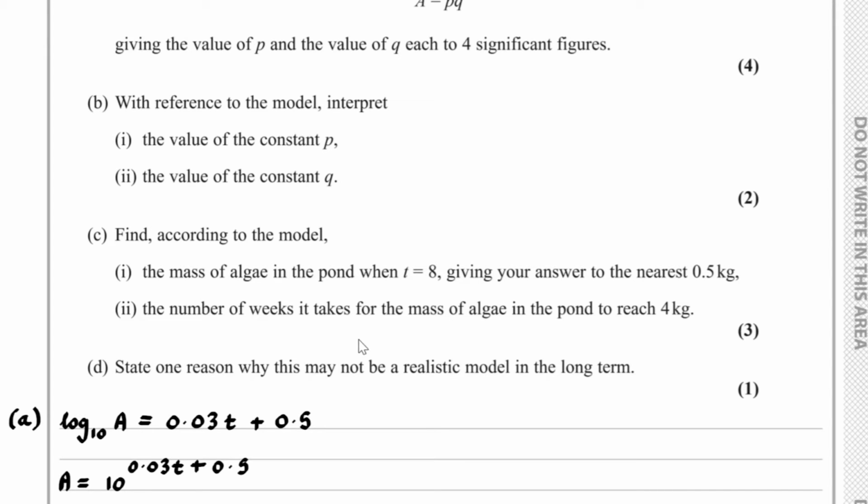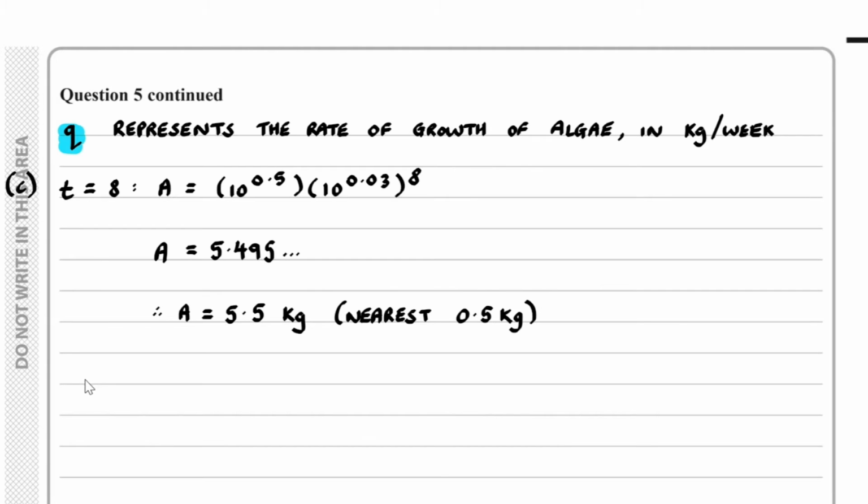And then for the next part of part C, the number of weeks it takes for the mass of algae in the pond to reach 4 kilograms. So what we are doing here is finding out the value of t, which gives an A value of 4.